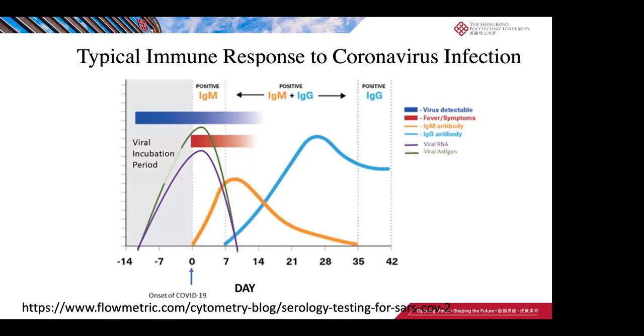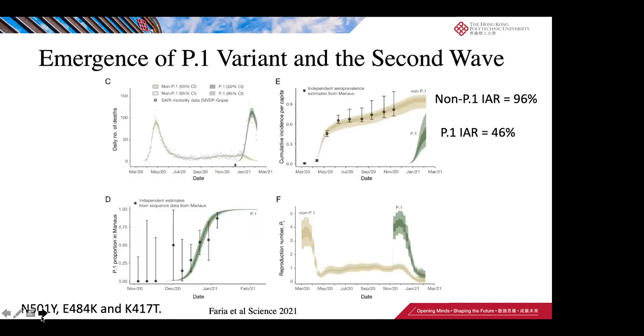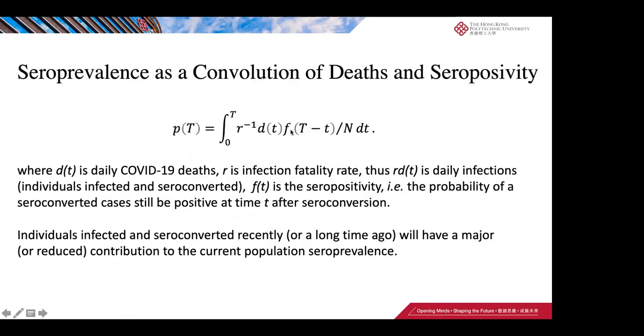Then gradually, let's say, your question here. So this is a convolution, right? But we can set, for example, we assume no decay, so F is 1. So that is exactly the attack rate, the infection attack rate.